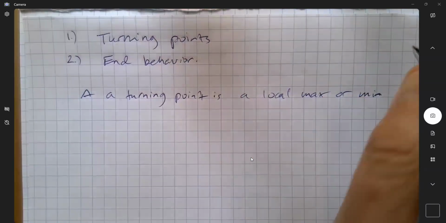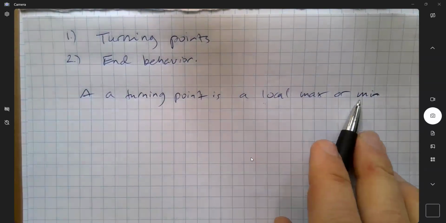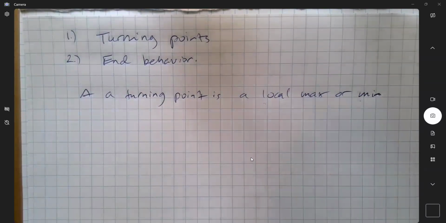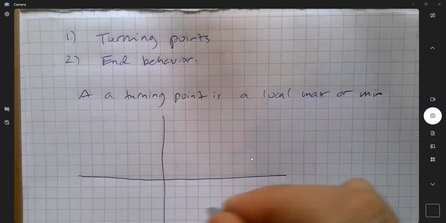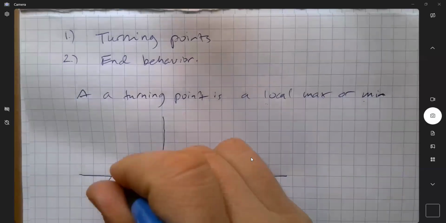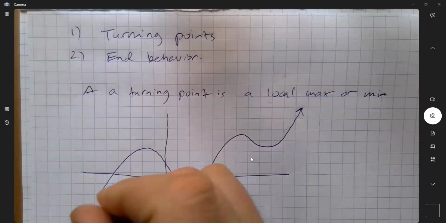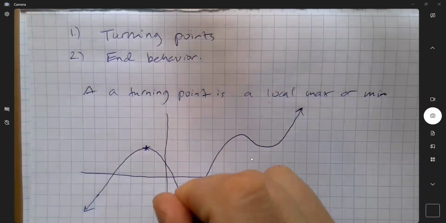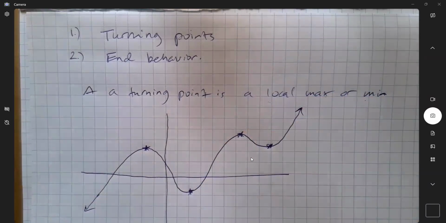If you recall back to chapter 1, a local max means it's the highest point in a small neighborhood, and a local min means it's the smallest value in a little neighborhood. All polynomials have a shape that includes 0, 1, or more turning points. So a polynomial might look like this. And the turning points are the local minima and the local maxima. This one has 4 turning points.